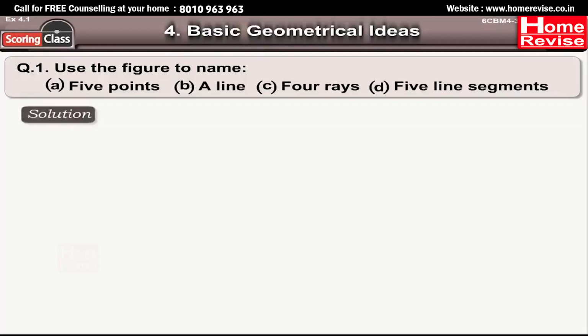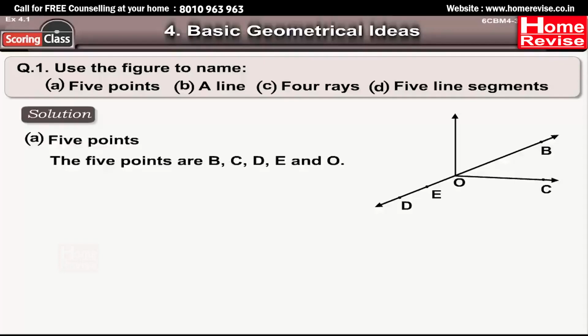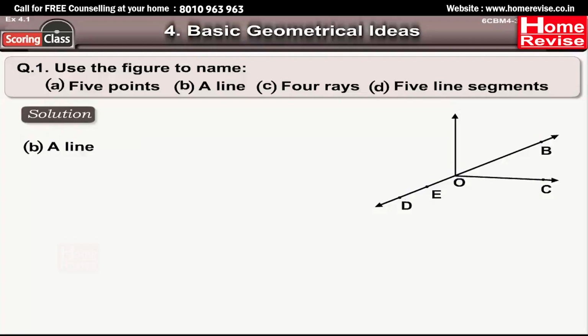Solution. If we notice the figure, students, we can get our 5 points as B, C, D, E and O. B. Now we have to look for a line. Well, a line would be line DB or line BD.